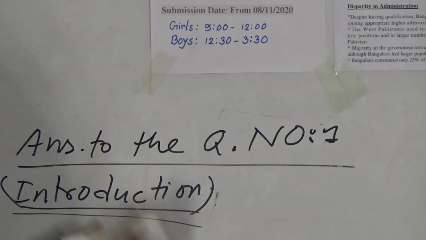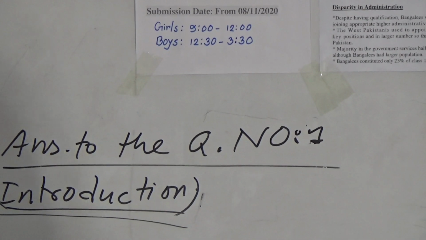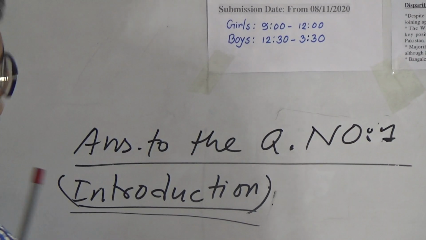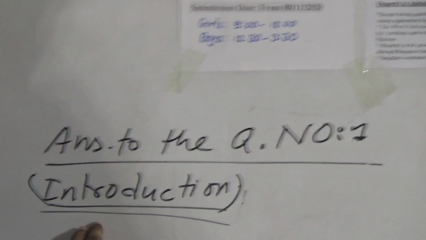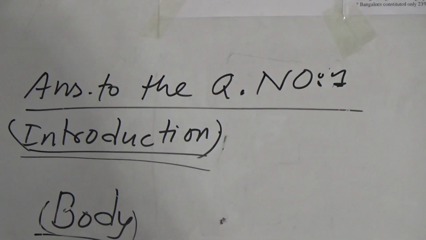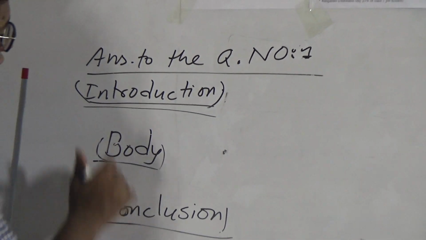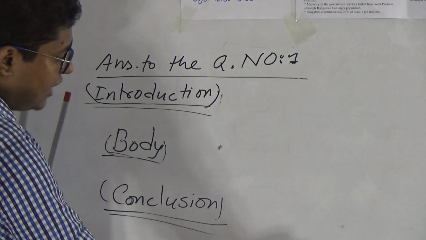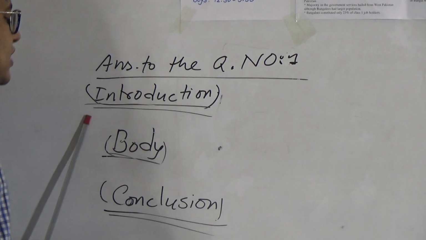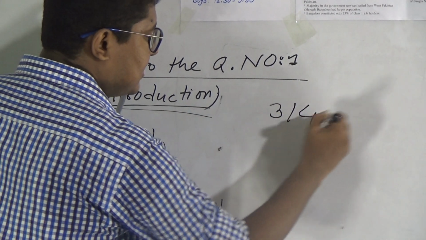You will write the introduction in a para, and the body might be a lot of paras on discriminations, like political disparity in 1 para, disparity in administration in 1 para, disparity in defense forces in 1 para. So all the answers you will write in paras. You will not mention introduction, body and conclusion. Everything will be written in paras, and your answers might be 3 or 4 pages.